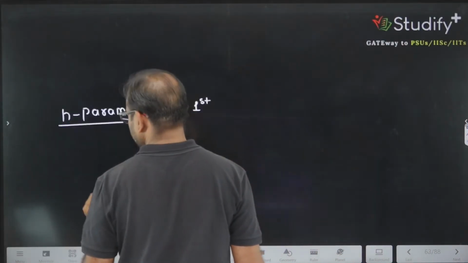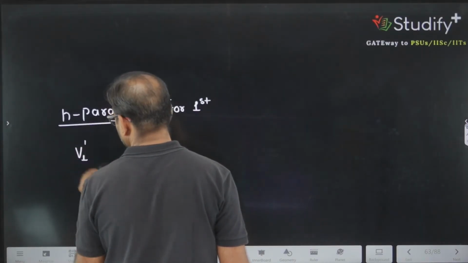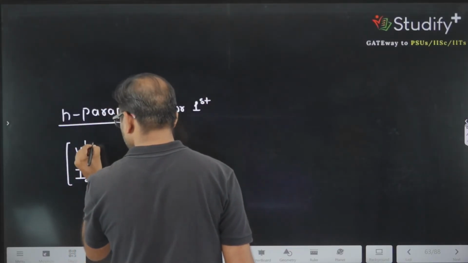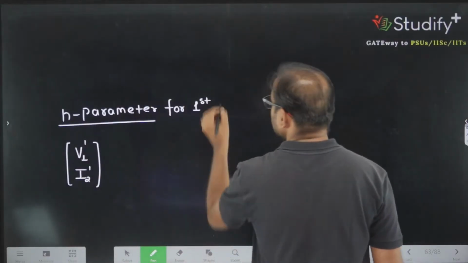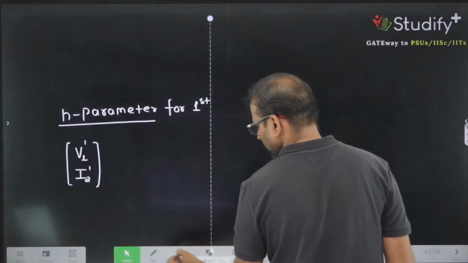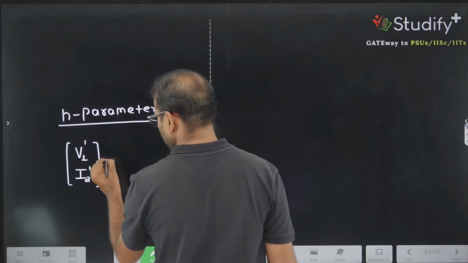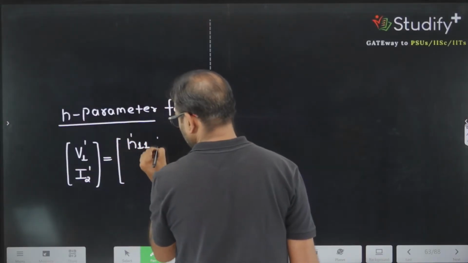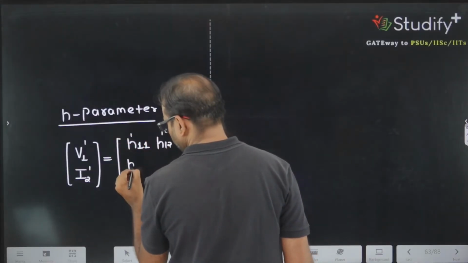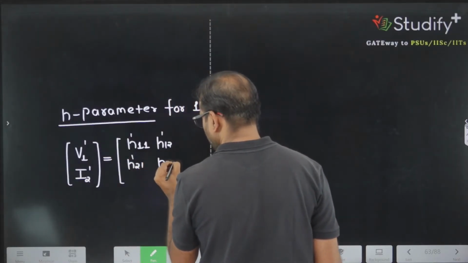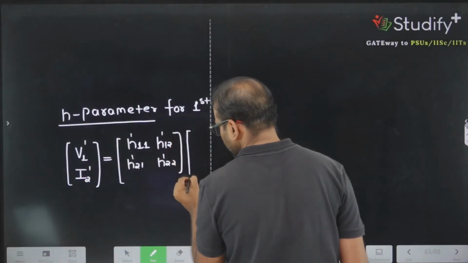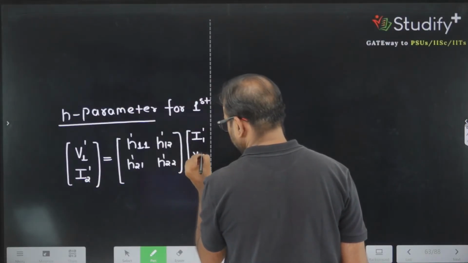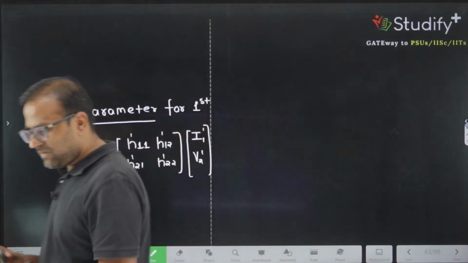Here we have V1 prime, I2 prime, and this value is equivalent to H11 prime, H12 prime, H21 prime, H22 prime times I1 prime and V2 prime. Correct? This is our first equation.